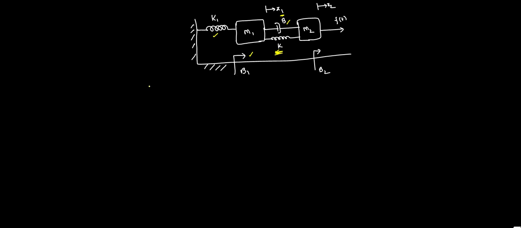Simply you can solve by taking the differential equation for this particular system as m1 d square x1 by dt square plus b1 dx1 by dt plus b into d by dt of x1 minus x plus k1 x1 plus k into x1 minus x is equal to 0. Something like that you have to write so fast, and then we can simply do that.